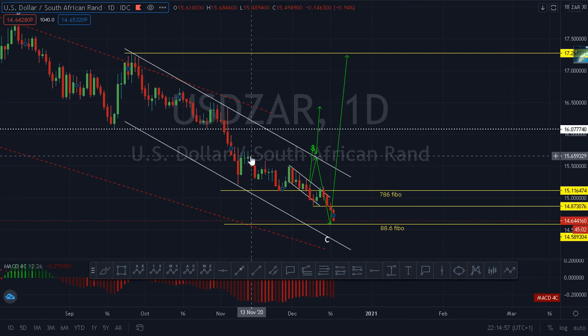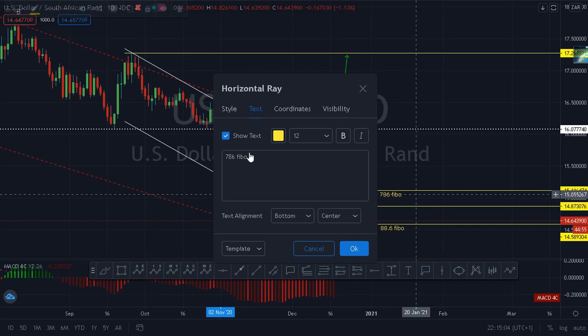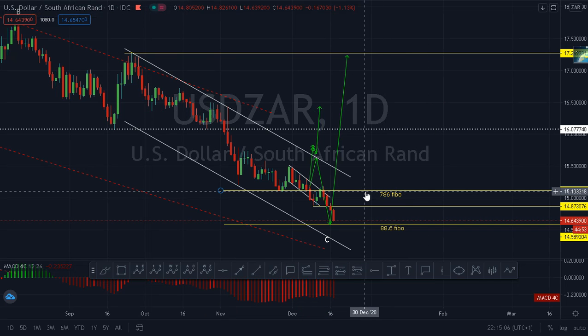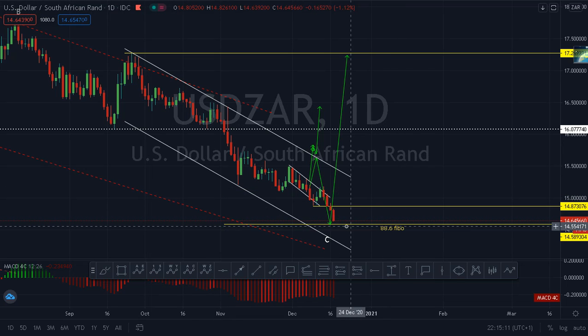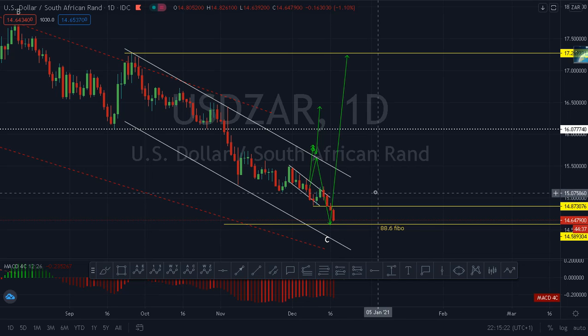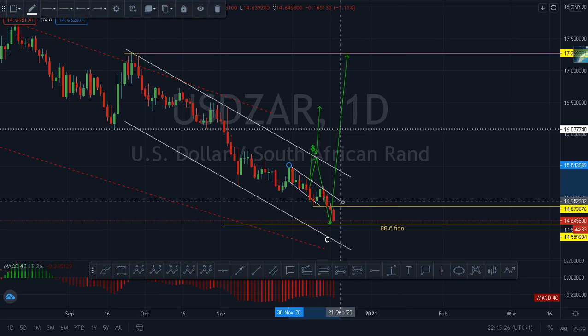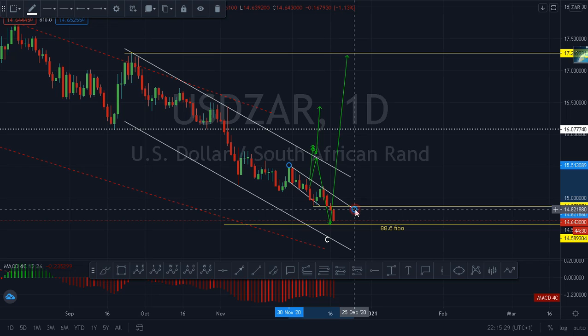On my last analysis, you can see I pointed out, since the price has broken down from here, that we will touch 8.6. Now we are almost at 8.6, but don't be surprised if it breaks it and touches the lower trend line. So what am I trying to say? The buying is delaying.